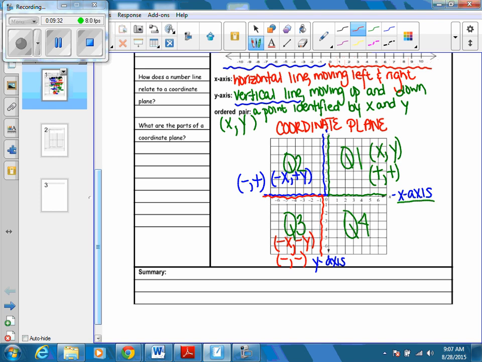Okay? And then next, in quadrant 4, my x's are positive, but then my y's are negative. So I'm going to have a positive x, comma, a negative y. So that means we're going to have a positive, comma, a negative.